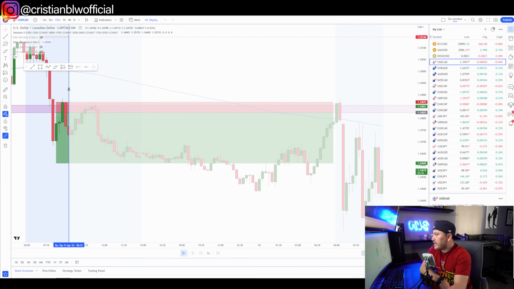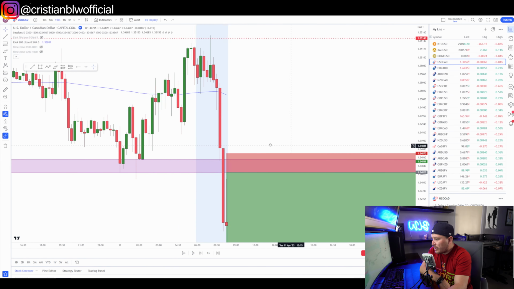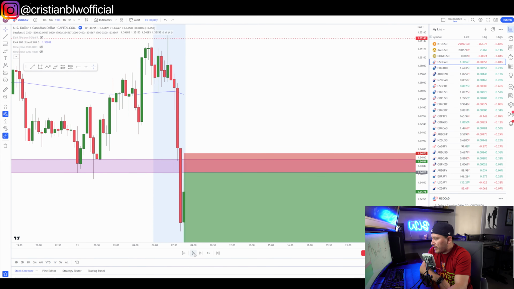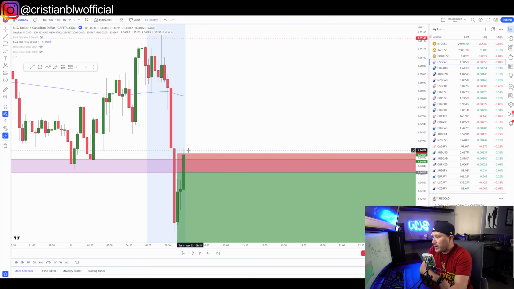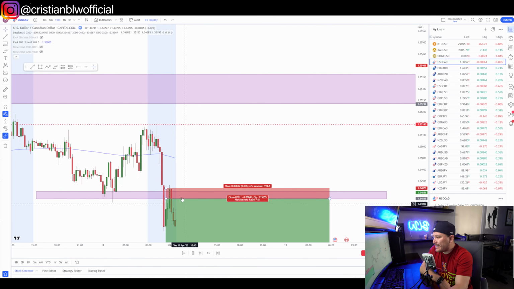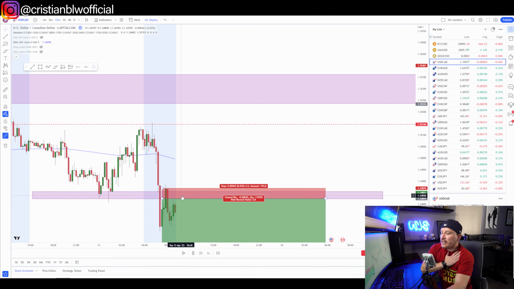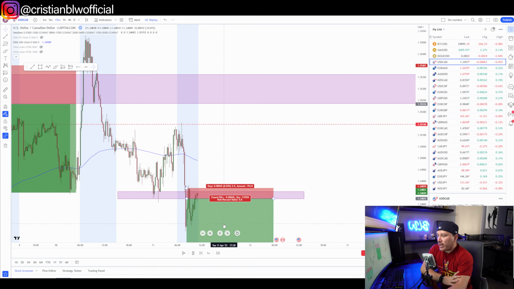So basically what I did was that I saw this. Literally right here, I sent the signal and said, okay, the price is gonna touch back up, and then it's gonna activate the order and it's gonna continue going down. And guess what? It did, but it actually hit the stop loss. Now what happened after that was that it retested the section. So the order was right, but not at the exact moment, not at the right moment.